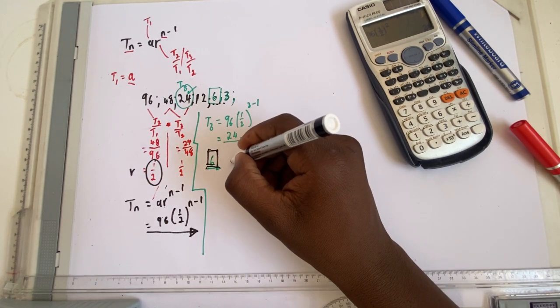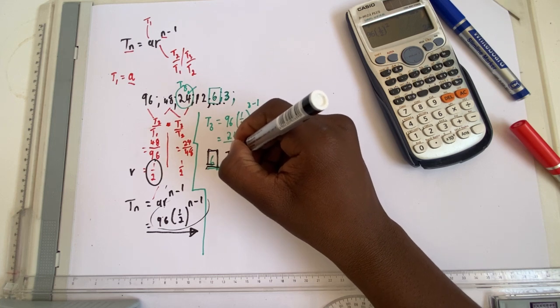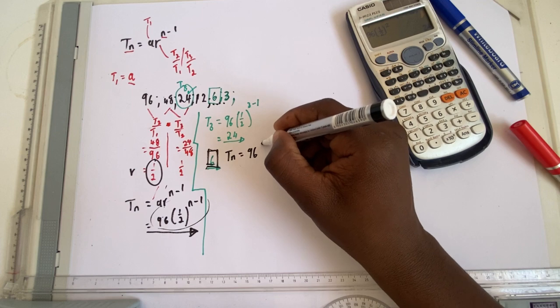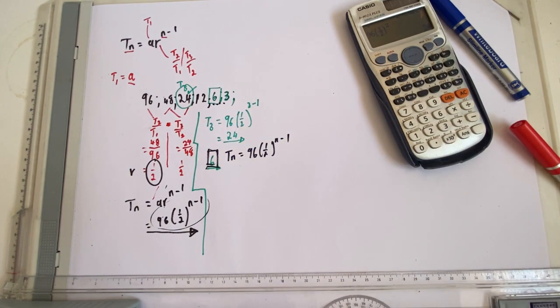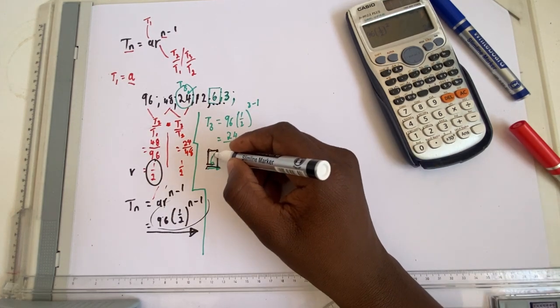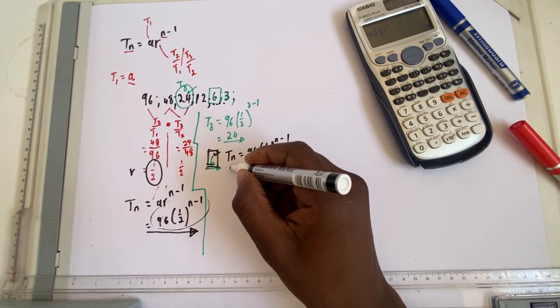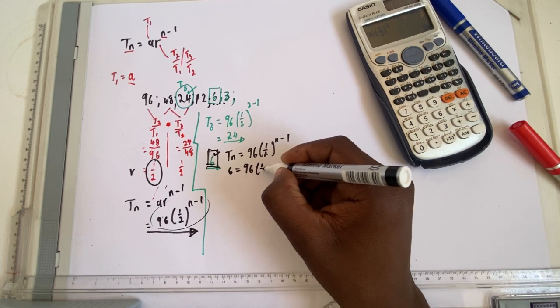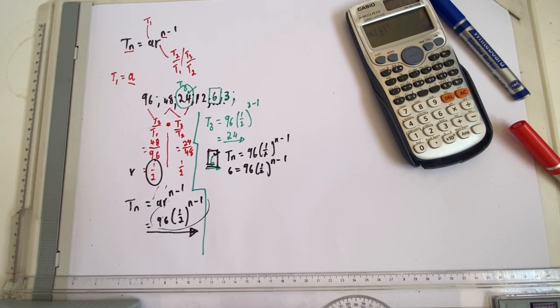Therefore, I'm going to write the formula of this sequence, which is this one. Tn equals 96, open bracket, half, n minus 1. Then again, I take it that I have the occupier, and I need the position. The occupier is going to be 6. Who is seated at that position? Number 6. What position is that? I don't know, so I leave it as n minus 1. Now I'm going to attack the equation where it is weak.